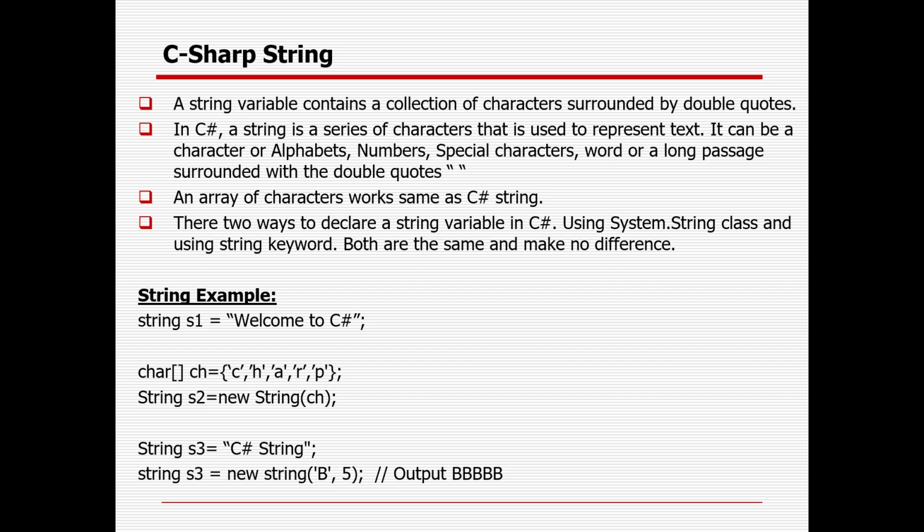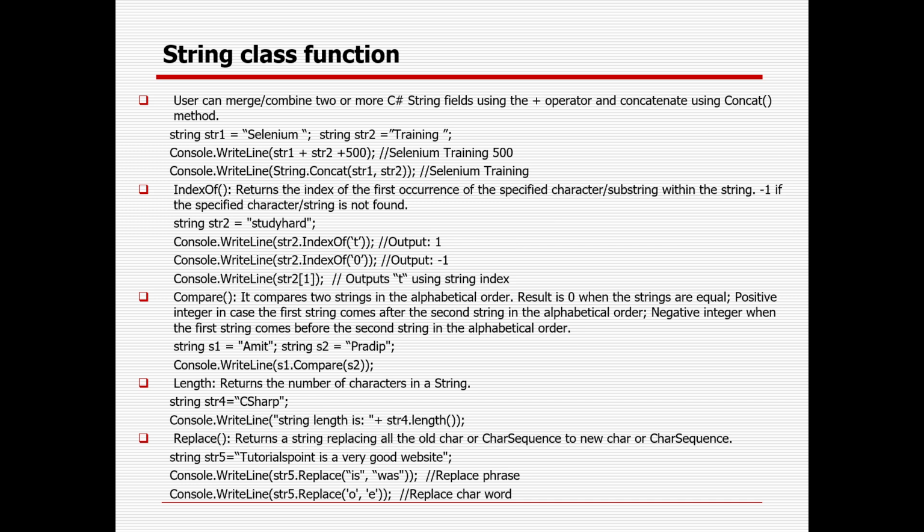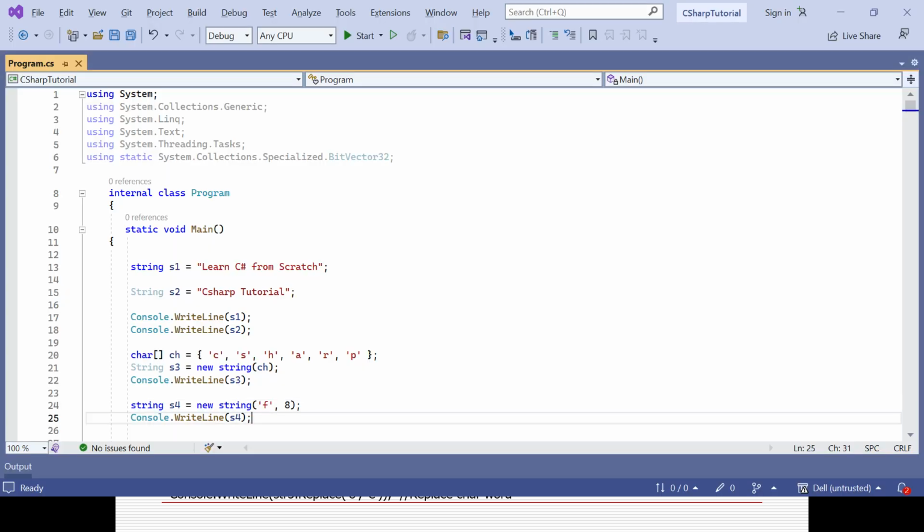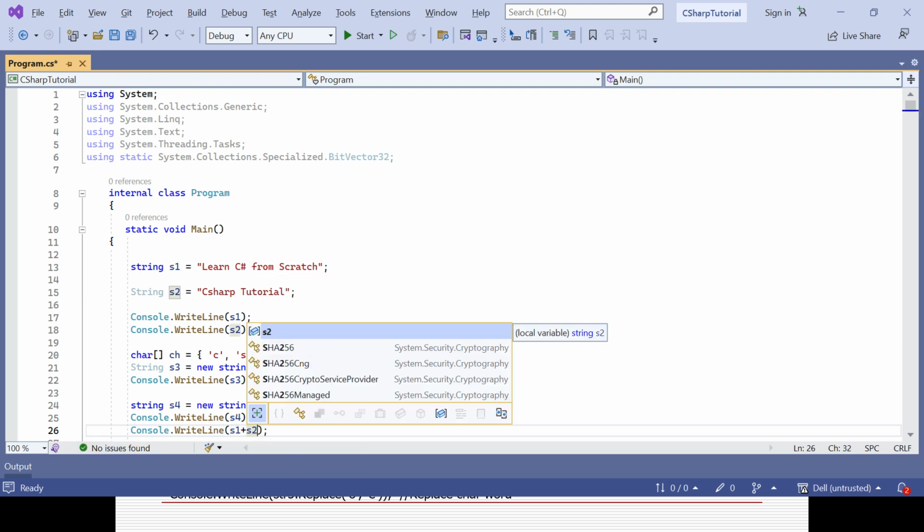Now let's see what important methods are available in the string class through which we can interact with the string. The user can merge or combine two or more C# strings using the plus operator. We already defined a couple of strings, so let's try to combine them. I can use s1 plus s2 plus s3.